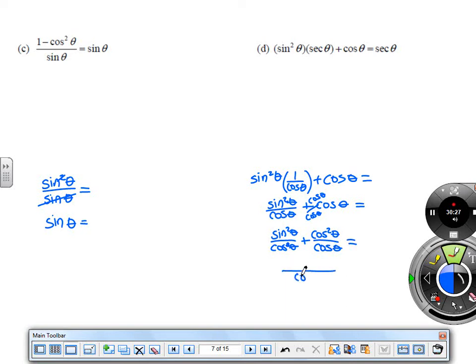And now that they have the common denominator, I'm going to write them as one thing. All right, was that helpful? All right, Matt. Now, sine squared theta plus cosine squared theta is what? Good. So this is 1 over cosine theta, and 1 over cosine is really just secant. Craziness. Okay?